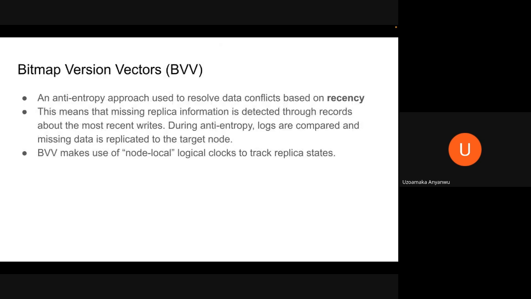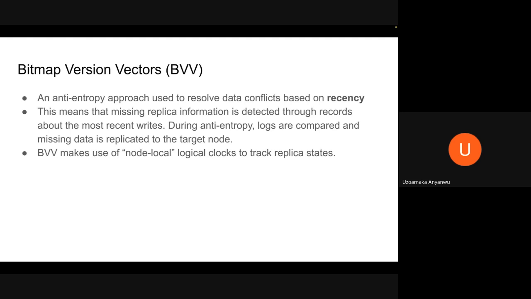So we have the bitmap version vectors. This is another approach, right? But this resolves data conflicts based on recency. With this approach, each node keeps a log of operations that happened locally or that get replicated, and the logs are compared, right?